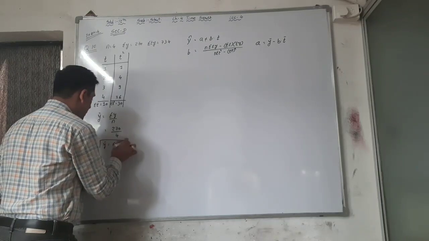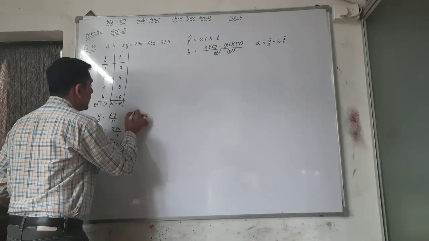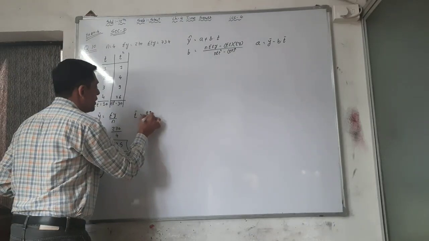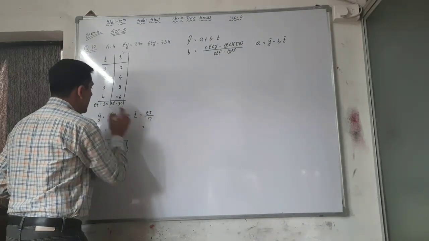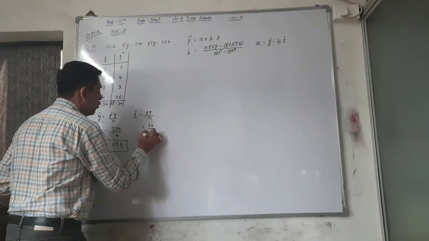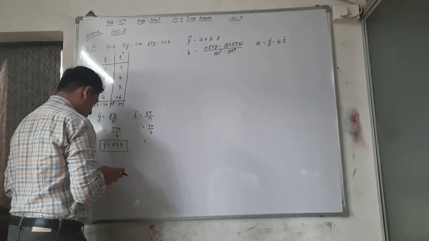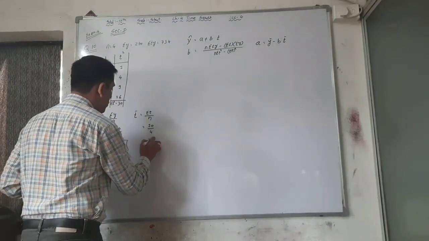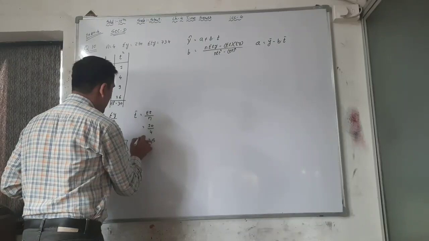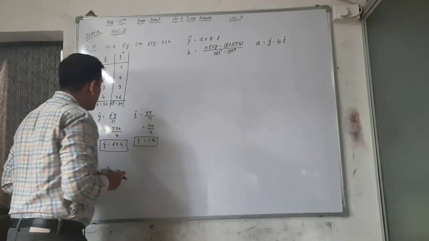Here is your y bar. Now t bar is equal to sigma t upon n. Sigma t is 10 upon 4, that is 2.5. T bar is equal to 2.5.